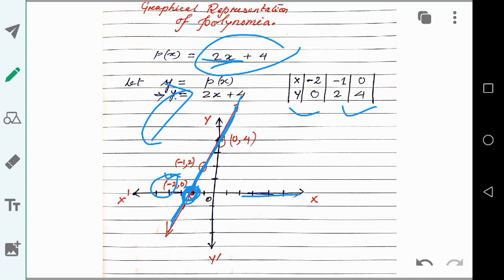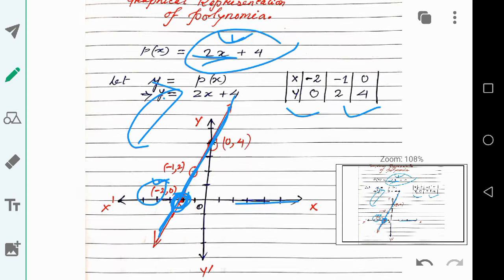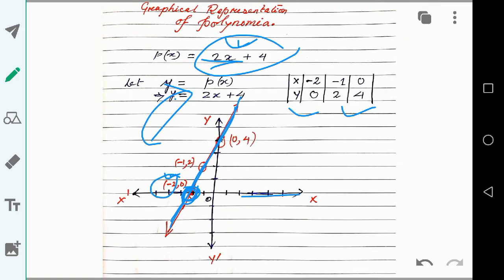If the polynomial is in x, that means the variable is x, and it is a linear polynomial, then its degree is 1 and it must have only one 0. If it has only one 0, then its graph will intersect the x-axis at only one point, and the x coordinate of that point of intersection gives the 0 of this polynomial.